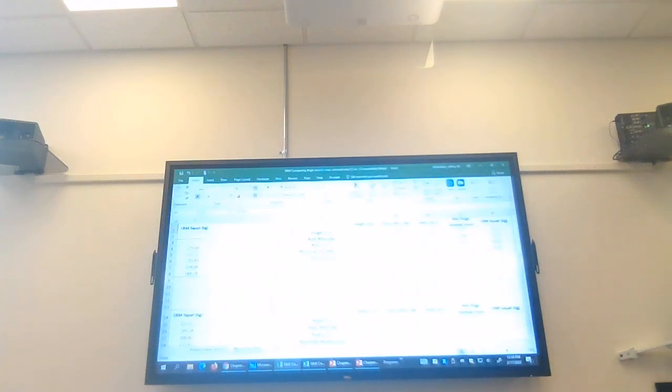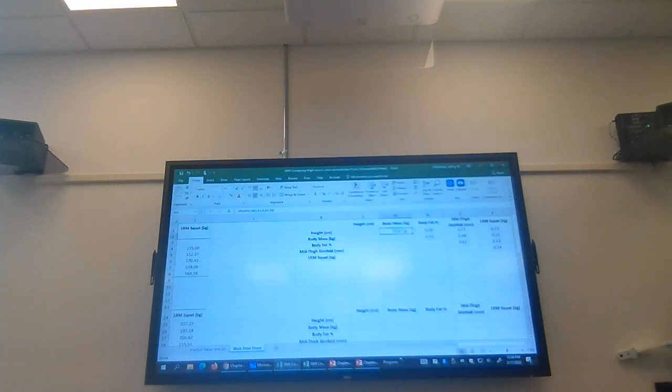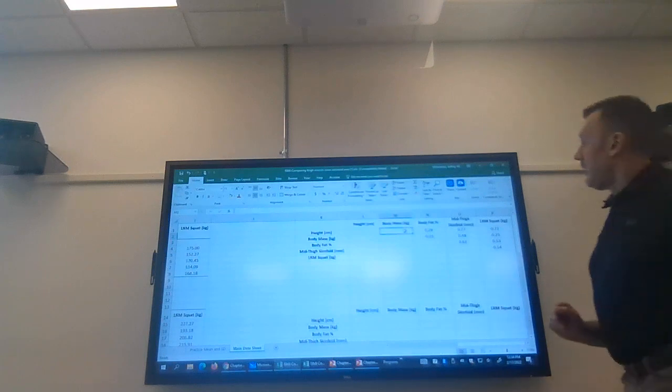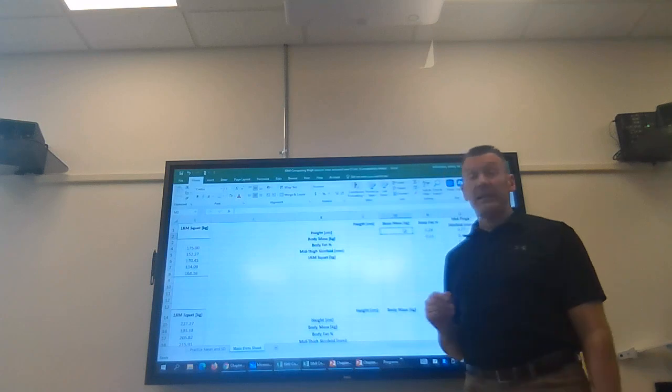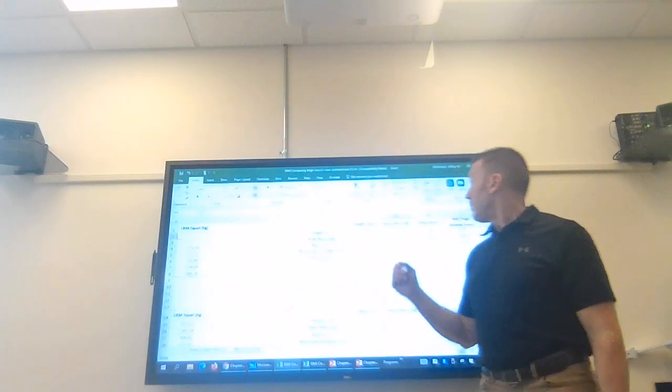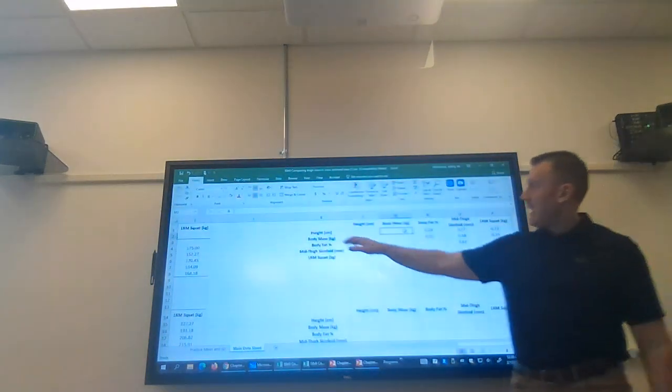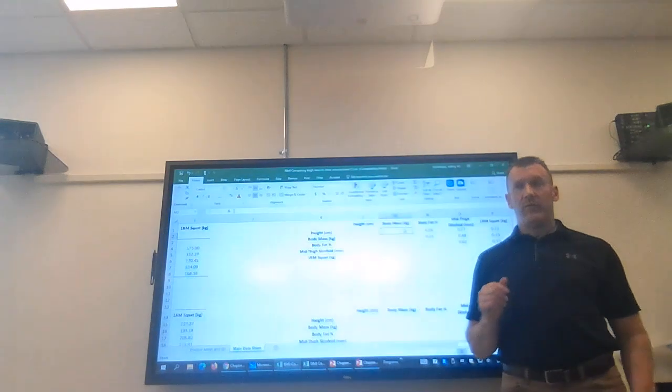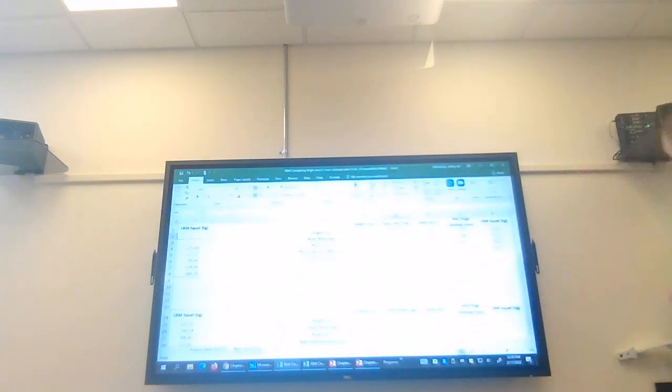So we could do this one again. Let's just put your cursor there in M2, and you can just hit delete so that it's blank. We're going to calculate the association between body mass and height for our bodybuilding subsample.